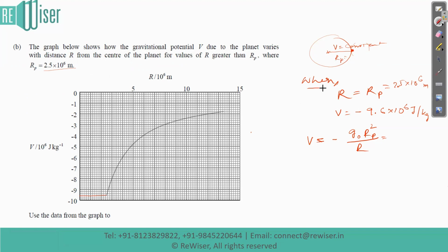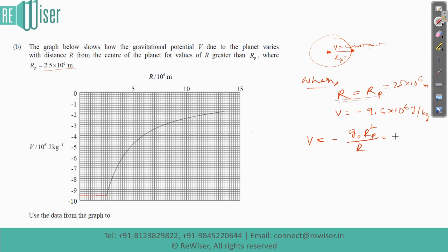First we are assuming that the smaller planet is concentrated in one point, and we are assuming this to be a point mass, and it has come to the surface of the bigger planet. From the center of this bigger planet to here, it is rp. r is nothing but the distance between the core of the bigger planet and the smaller planet. So in this case, we are considering r to be rp.